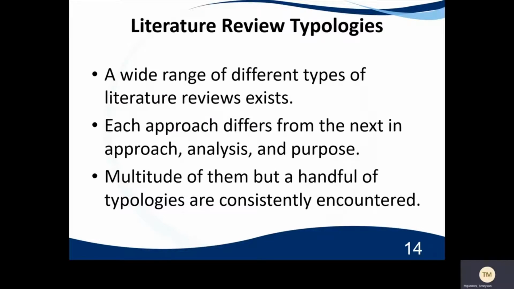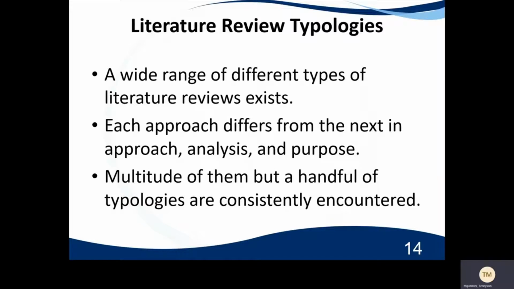Once I share with you some of the common types that exist, it will help you to frame your work. It also helps you to frame the way in which you will approach and write up the process of reviewing literature.